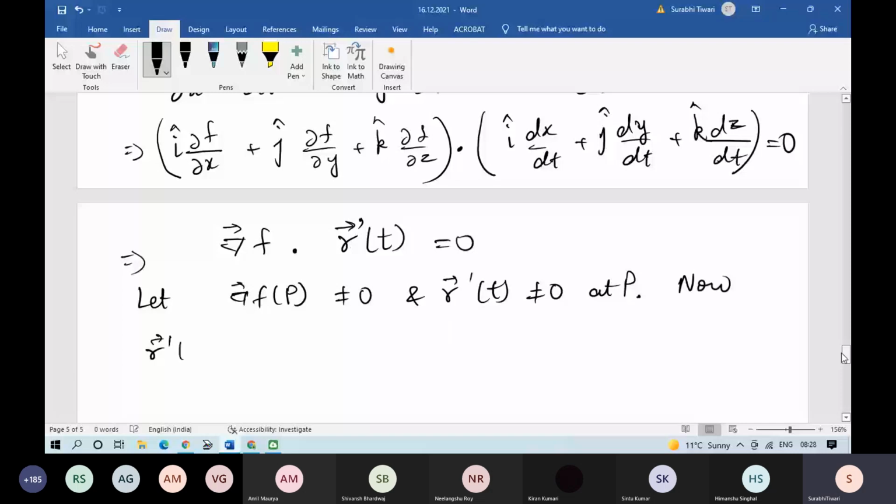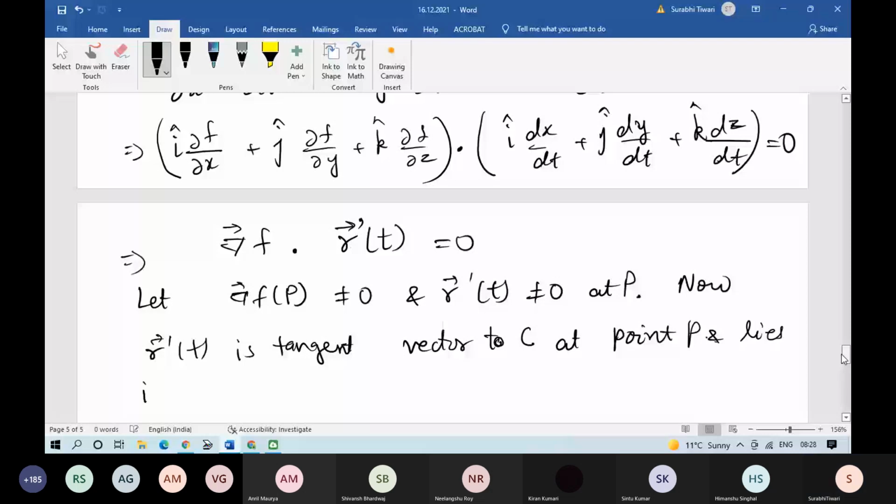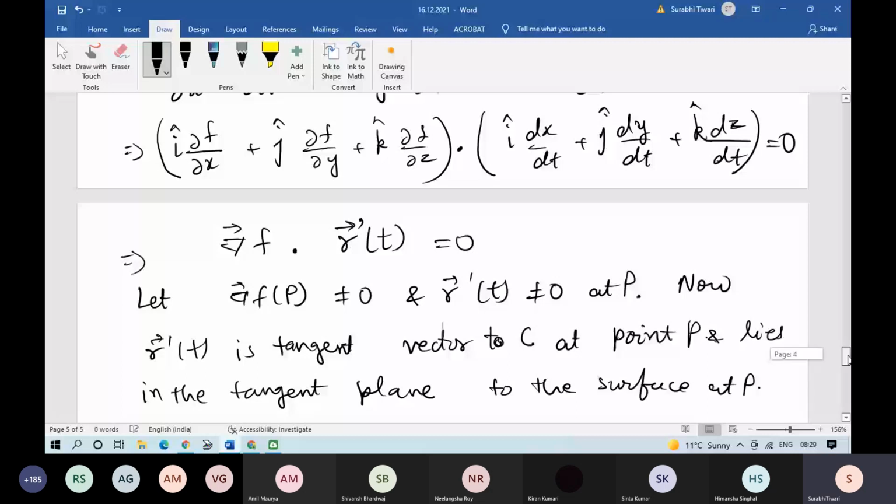This is the tangent vector to C at point P and lies in the tangent plane to the surface at P. So hence, the gradient vector lies in the normal plane.